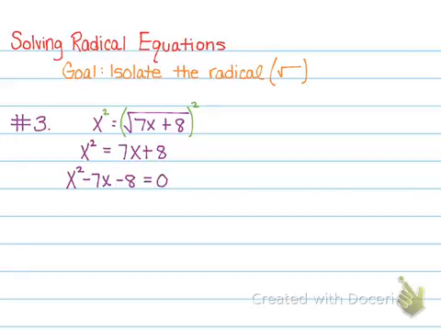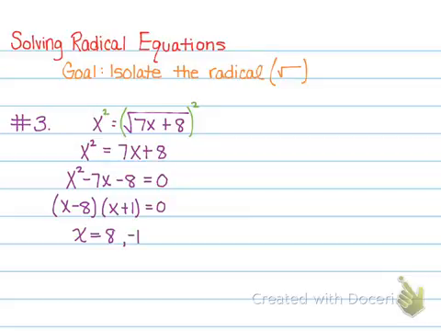So we're going to ask ourselves if we can factor, which we can. So what multiplies to give you negative 8, that adds to give you negative 7. And I get negative 8 and positive 1. So that means my two solutions are 8 and negative 1.